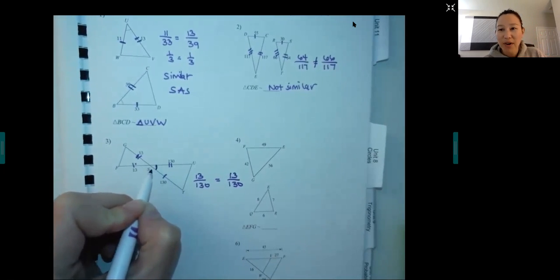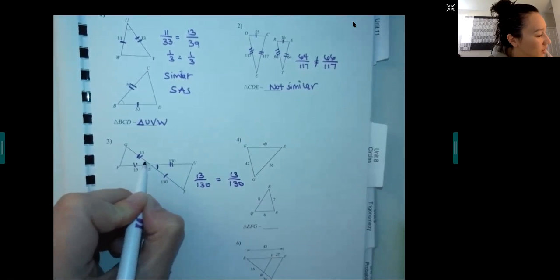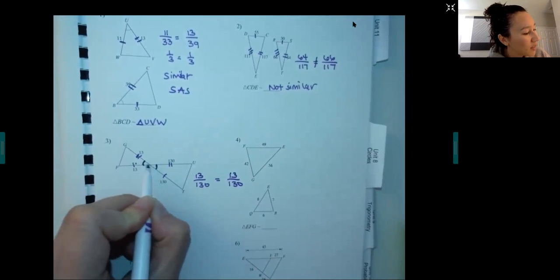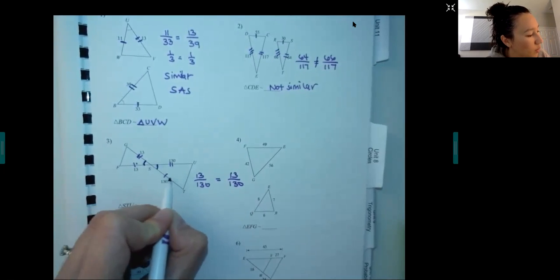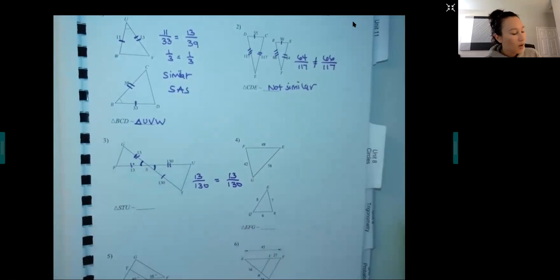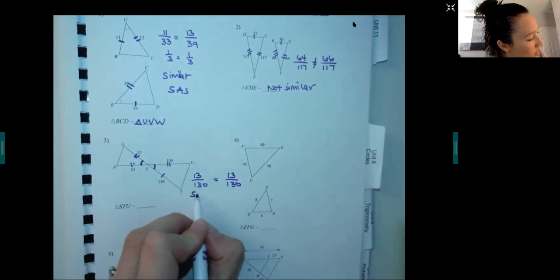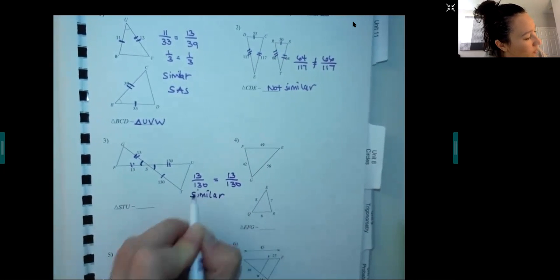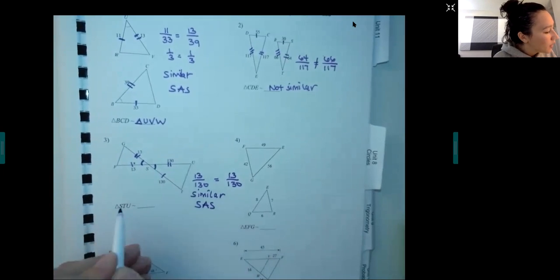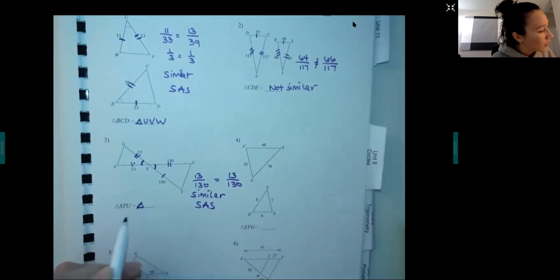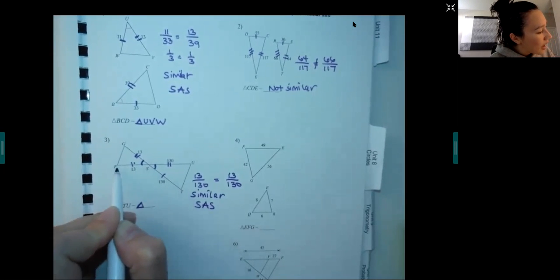If you remember vertical angles that you learned last semester, we do have a set of vertical angles, which means they are congruent, and that's the angle between our two sides, which means they are similar by side, angle, side. So triangle STU is similar to triangle SFG.